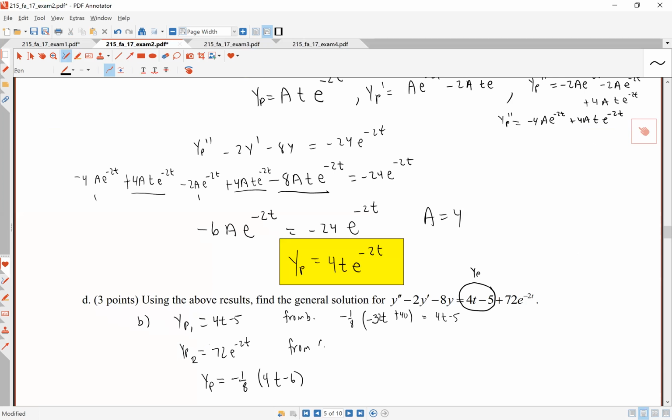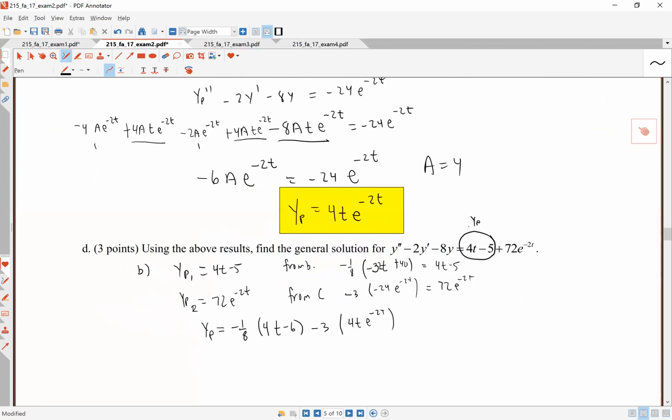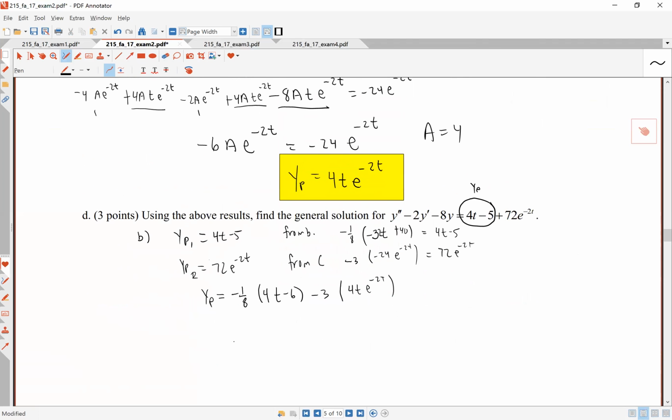From C, we have negative 3 times negative 24 e to the negative 2t is 72 e to the negative 2t. So we use that same constant, negative 3 times the solution 4t e to the negative 2t, which gives us negative 1/2 t plus 3/4 minus 12t e to the negative 2t.